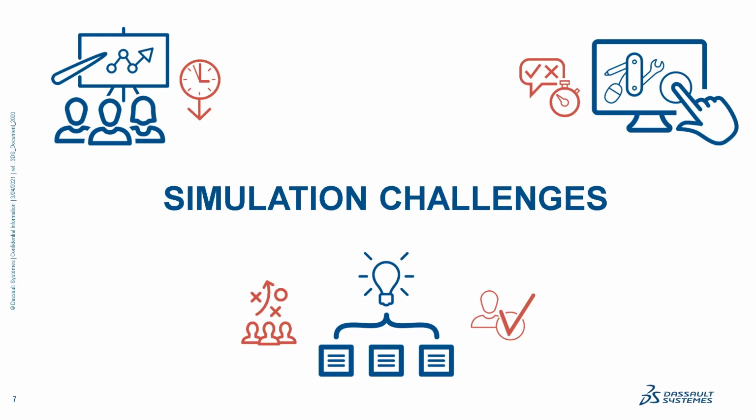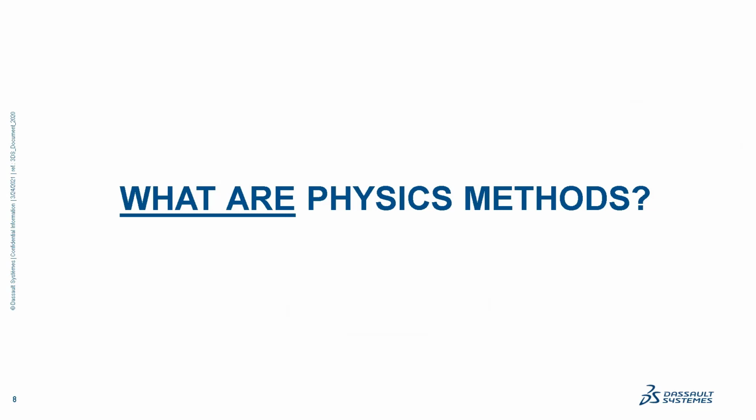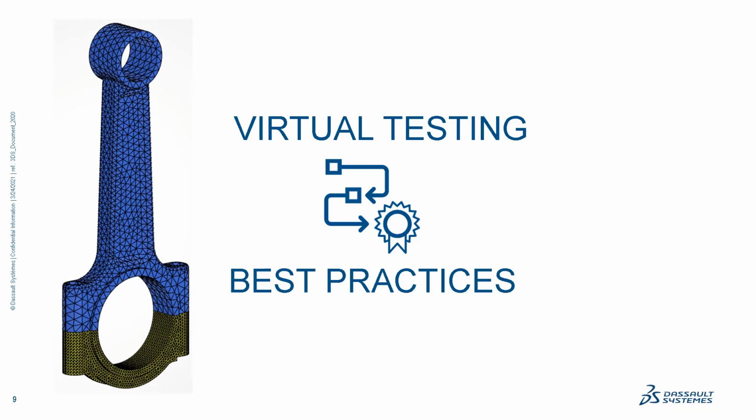Well, one way to do this is to use physics methods. And that's what we're going to talk about today. So what are physics methods? Well, in this context, they're virtual testing best practices, reusable best practices. And they can be related to modeling preparation, in other words, how you represent what you're simulating. Is it in 3D? Have you simplified it to 2D?